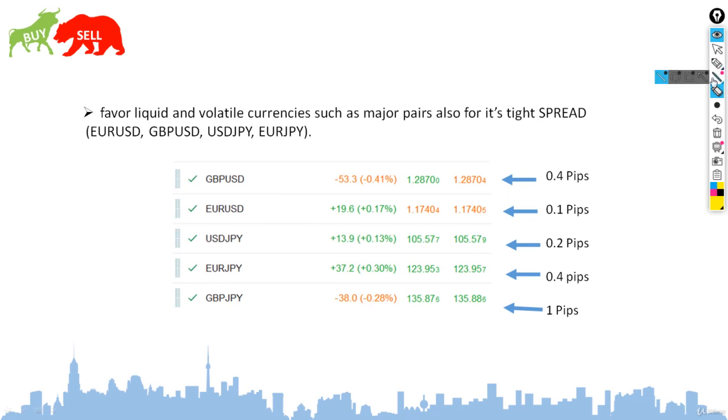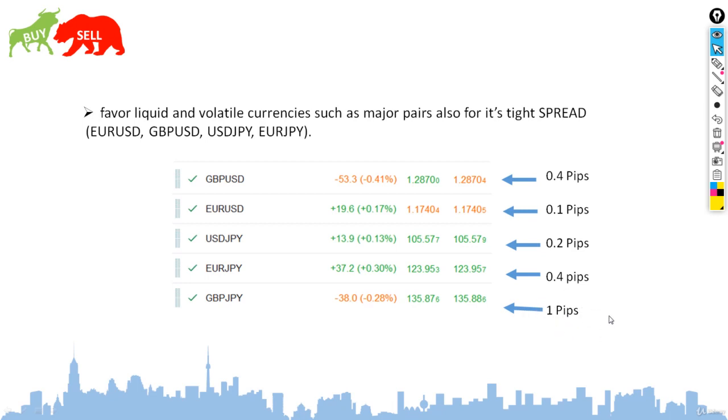For the second currency we have Euro USD, which has a very tight spread, 0.1 pips. Also USD JPY, 0.2 pips. We have here GBP JPY, which has the biggest spread.